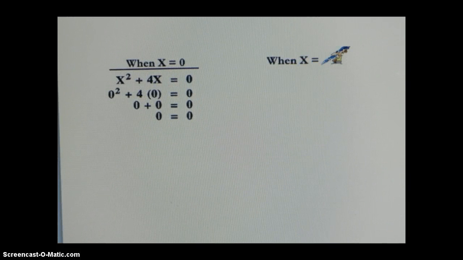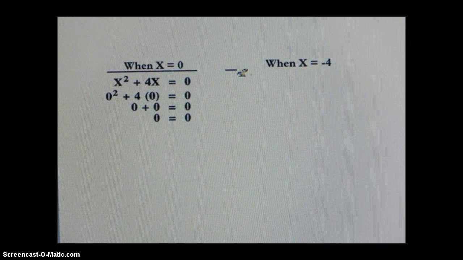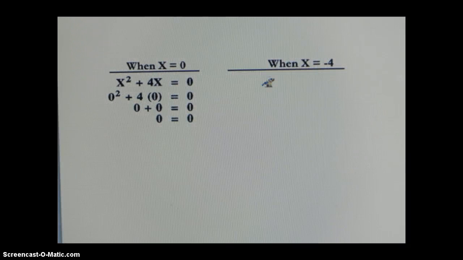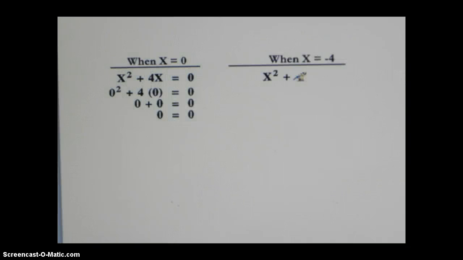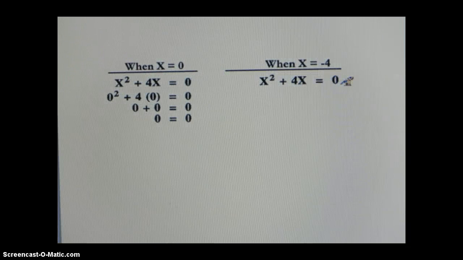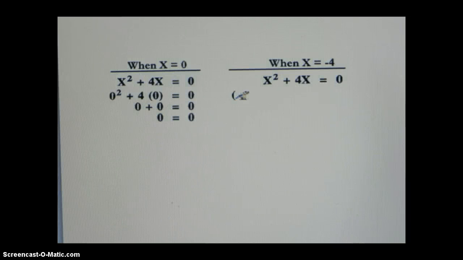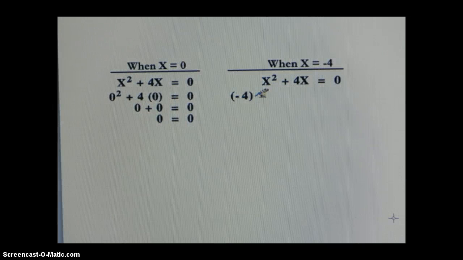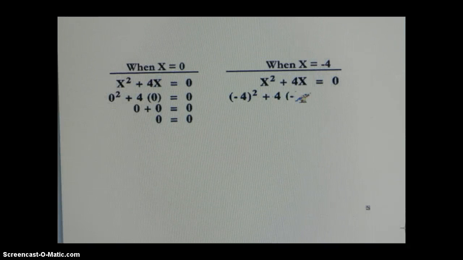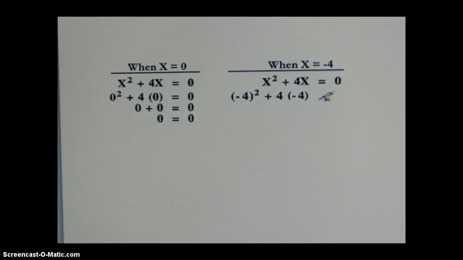When x equals negative 4, x squared plus 4x equals 0. Again, we substitute negative 4 for x, and we get negative 4 squared plus 4 times negative 4 equals 0.